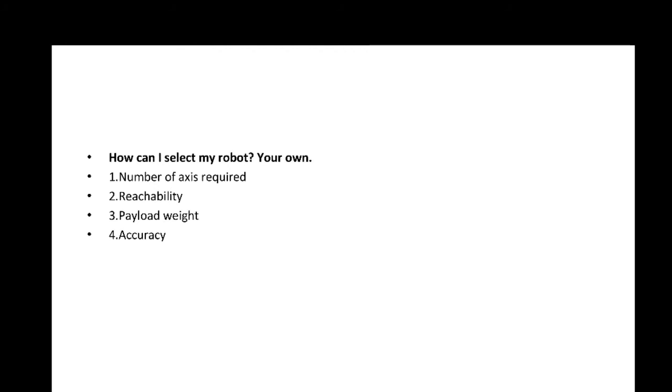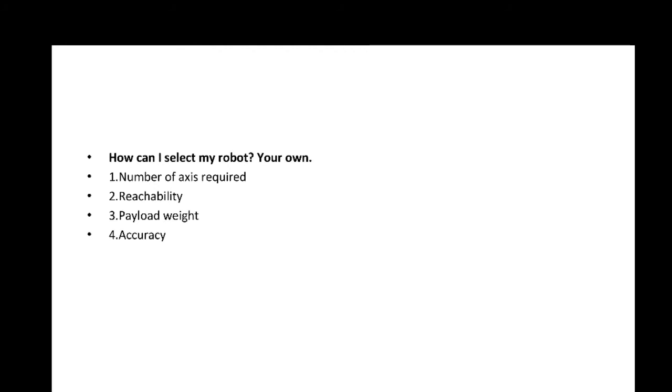Welding application needs some different things in robot selection, and pick and place needs several other things in choosing the robots. Depending upon the application, the robot selection process will change, but commonly we have a standard format for how to select the robot.